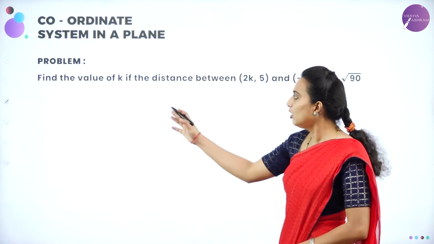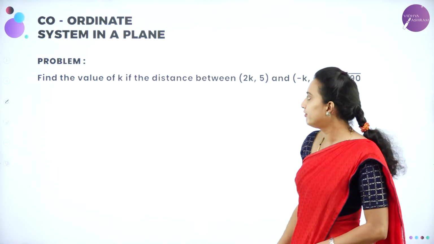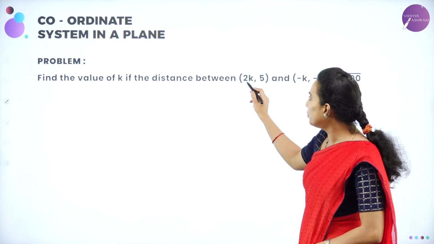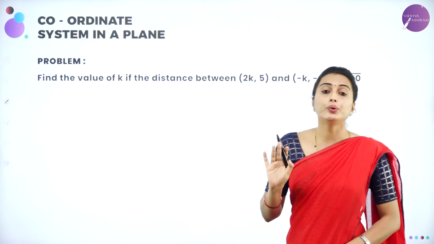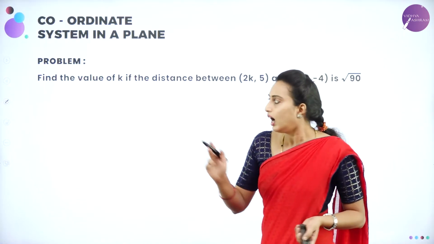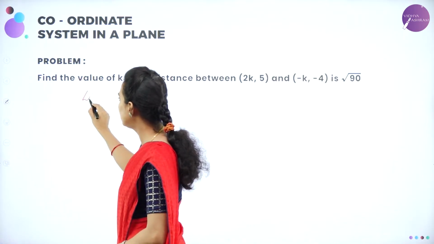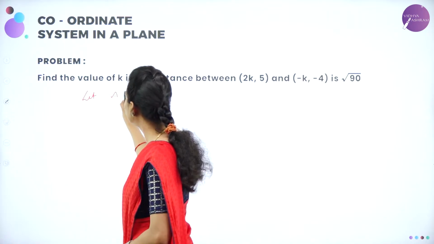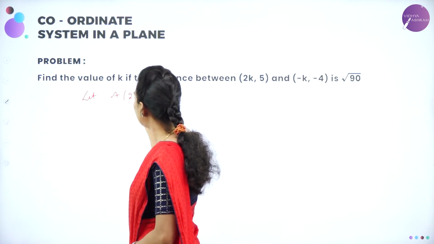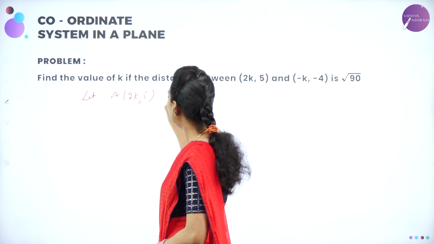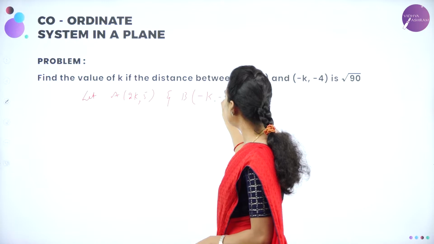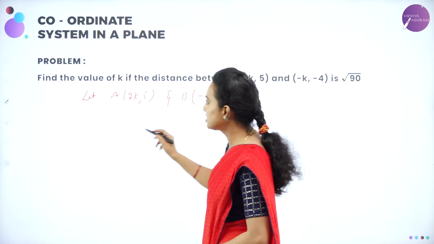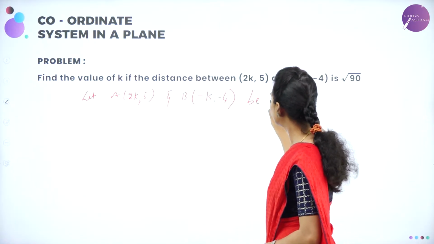See here, find the value of k if the distance between 2k, 5 and minus k, minus 4 is root 90. They have given the distance. I am going to consider A of 2k, 5 and B of minus k, minus 4 as the points.